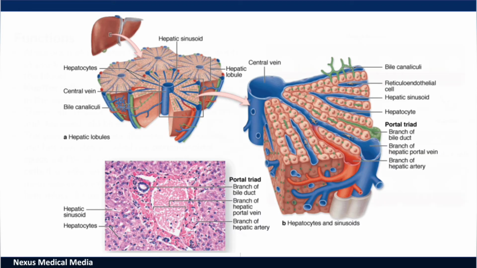Here there is histology. On an electron microscope, you can see around here the branch of the bile canaliculi, this one is a branch of the hepatic portal vein, and here indicated is a branch of the hepatic artery proper.